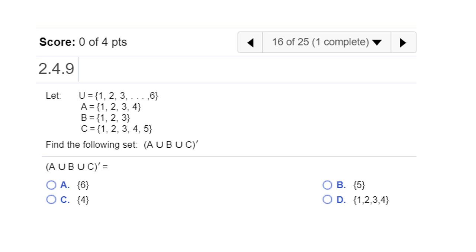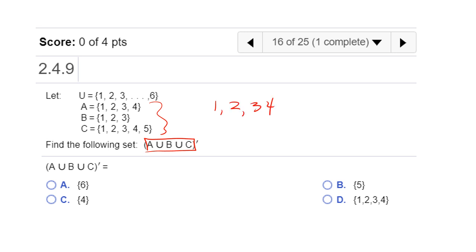In question 16, we are going to try to find the union and then the complement or the negation. So first, I want to find A union B union C. So I will combine all of these numbers together. I want 1, 2, 3, 4.